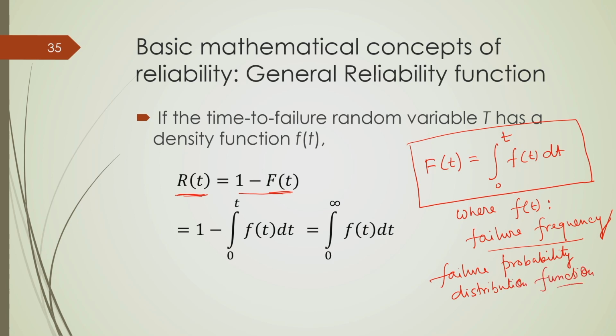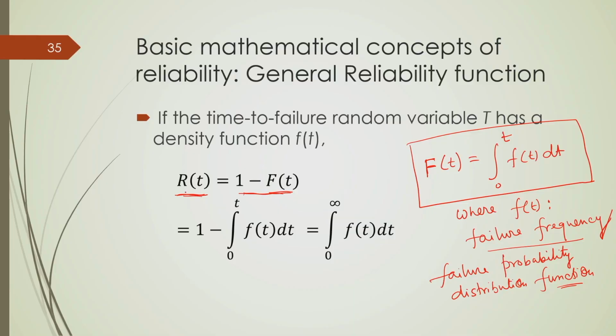If you integrate this with a limit of 0 to t, whatever you get is the failure distribution function, and that represents the probability of failure of any particular component on or before this time instant small t.